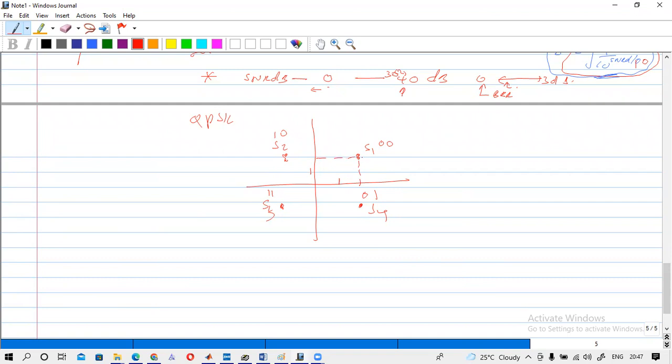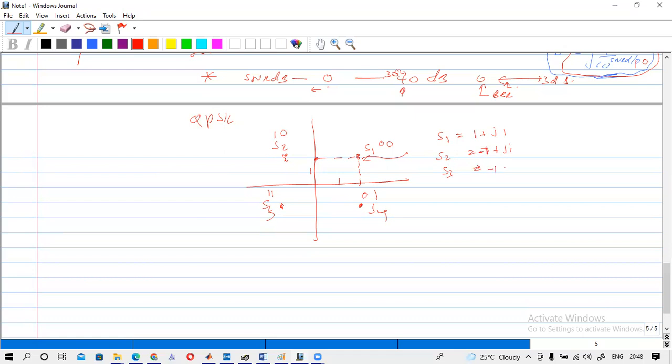So for symbol 1, you will have 1 plus j1. This is your imaginary axis. S2 you will have minus 1 plus j1.